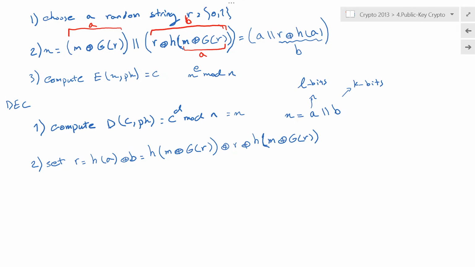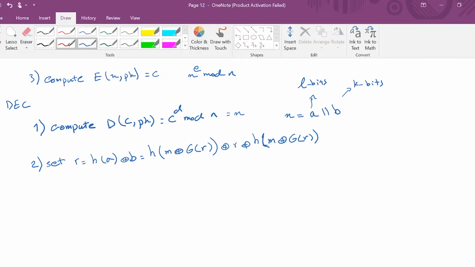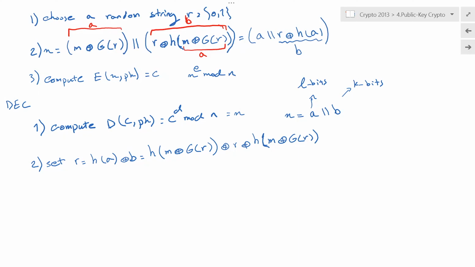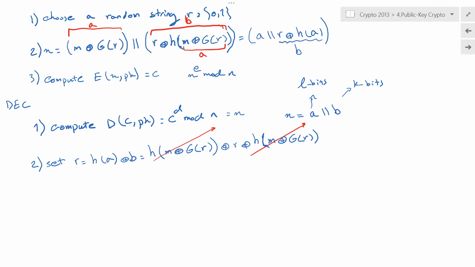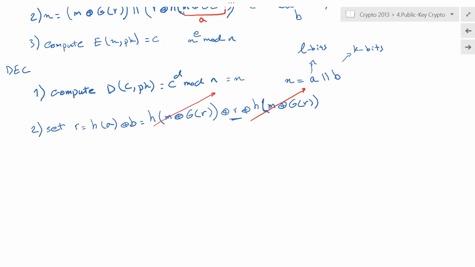So the interesting thing over here is that when you XOR two values, the result would cancel each other. So you see that we have a hash of m XOR with G of R, and again hash of m XOR with G of R. So these two things would cancel each other, and the result is going to be just R, right? That is what is remaining.